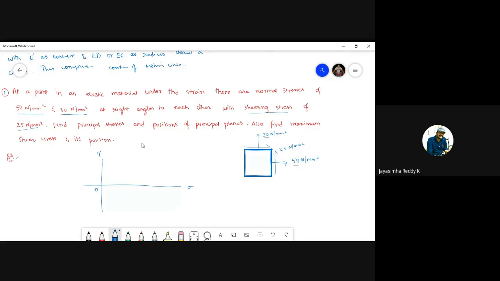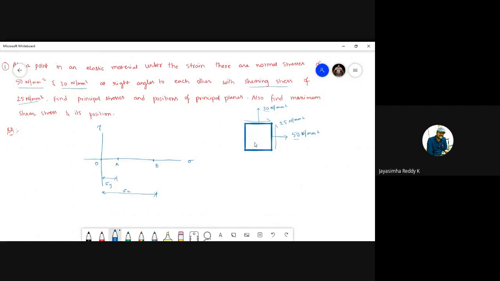So from O point measure 30 mm and mark it here, let me assume this as A, and similarly measure 50 and assume this as B. Is it clear, guys? This distance is nothing but sigma y, and this distance is nothing but sigma x. Is it clear? Everyone okay with this? As of now, okay, right?